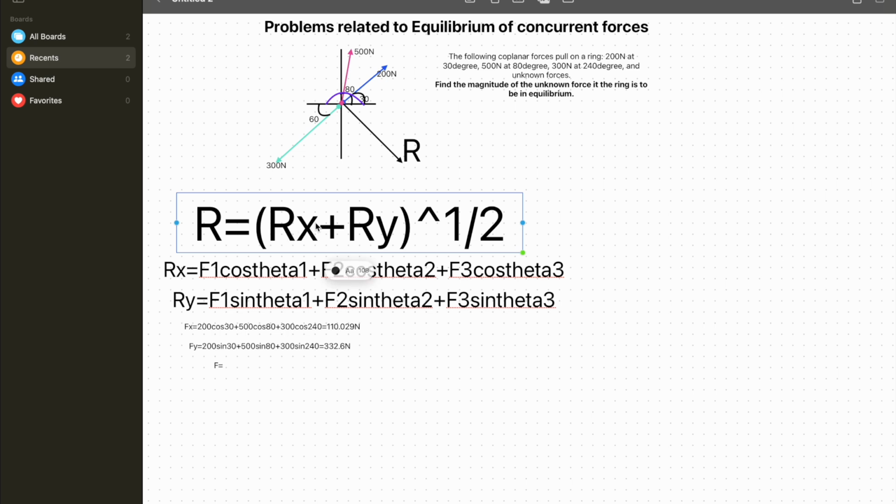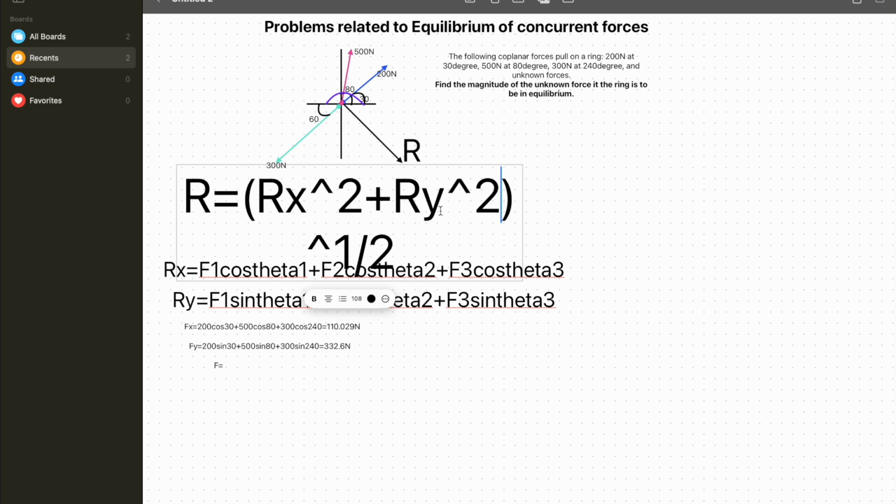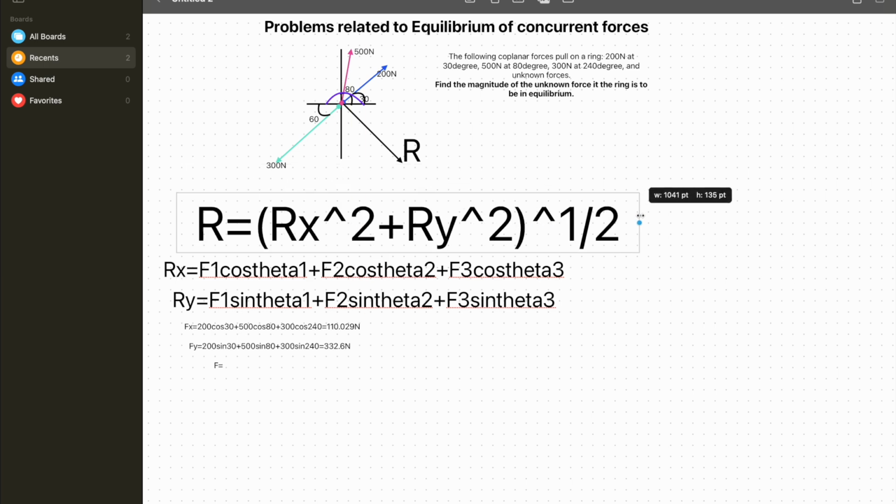It's not only Rx, it's Rx squared plus Ry squared, and whole to the power half.